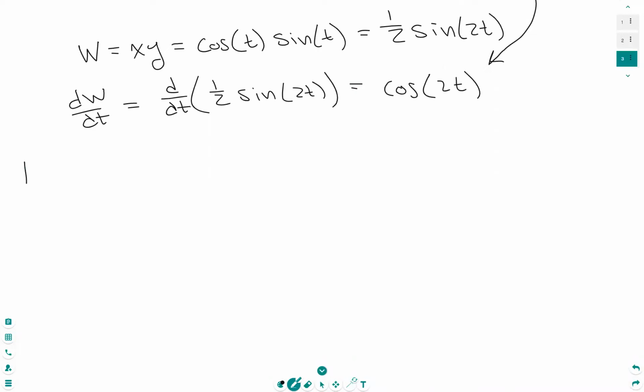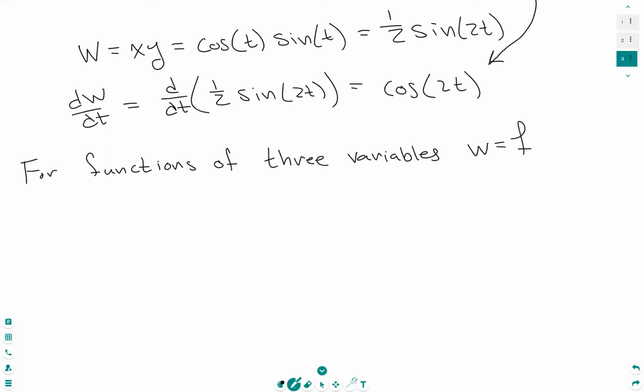Okay. So for functions of 3 variables, say maybe I have w is a function of x, y, and z, where each one of these is a function of t.